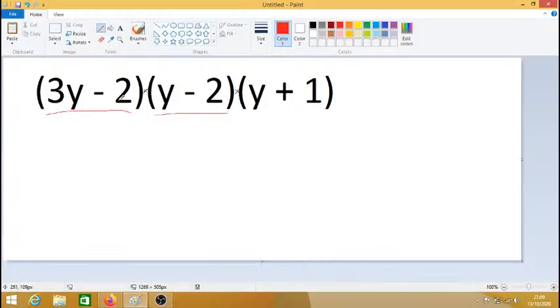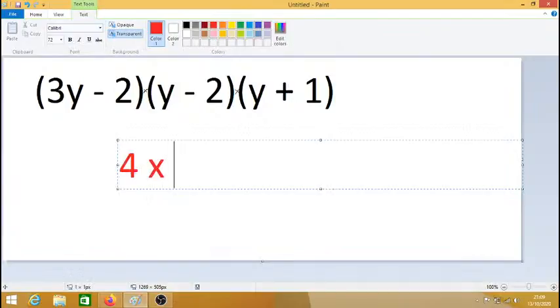So you could pick the first 2, multiply them together, get the answer, and then that answer you times by the third bracket. If you don't want to pick those 2, you can pick any other 2. But the point is that when you're multiplying 3 brackets, it's just like multiplying 3 numbers.